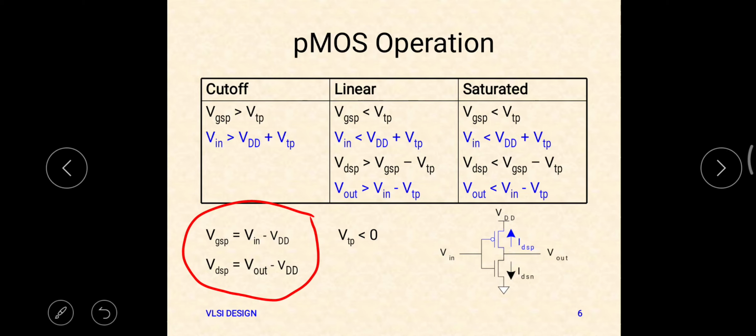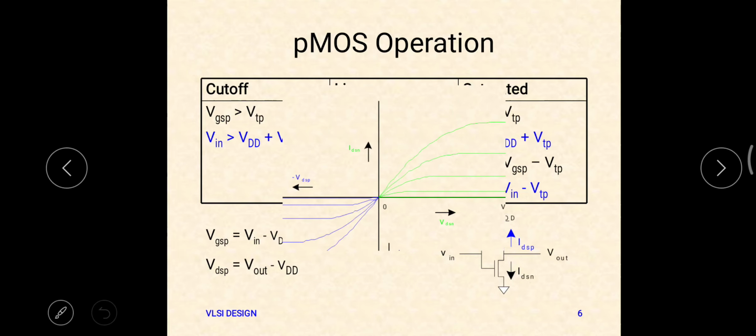Only that difference will be taken by the PMOS. Similarly, the output of the CMOS inverter, or the output of PMOS, is VDSP equal to Vout minus VDD. So these are the basic expressions for NMOS and PMOS.